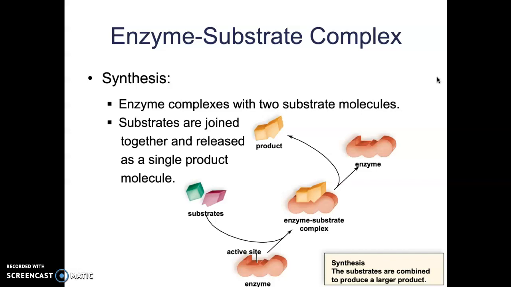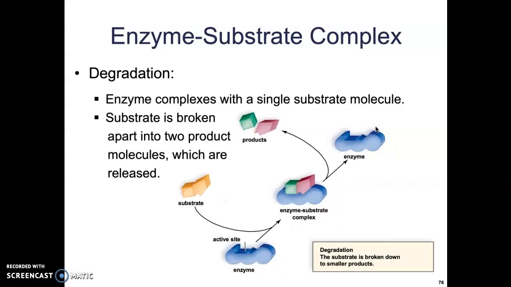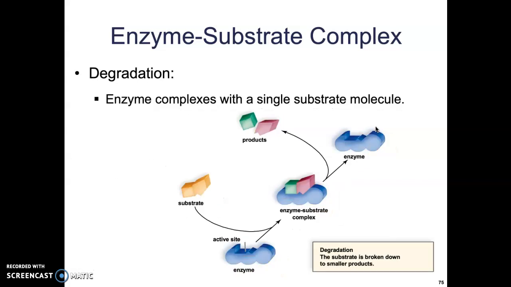Now, just as you could take those two pieces that are stuck together and shake and shake and shake, it's going to be a long time before they spontaneously break apart. A little bit of energy is going to be required to break those two molecules apart. And we can do this through a degradation reaction by using a similar enzyme.